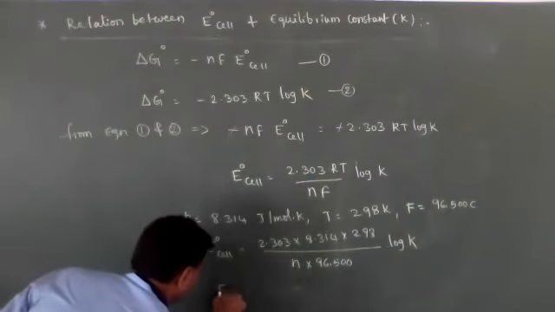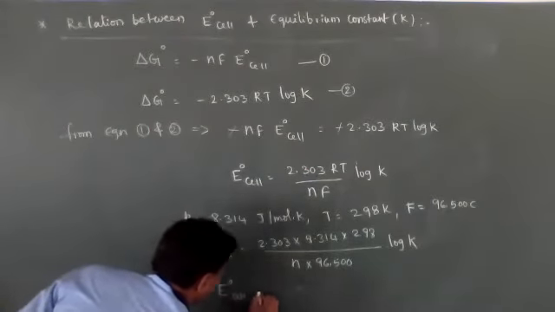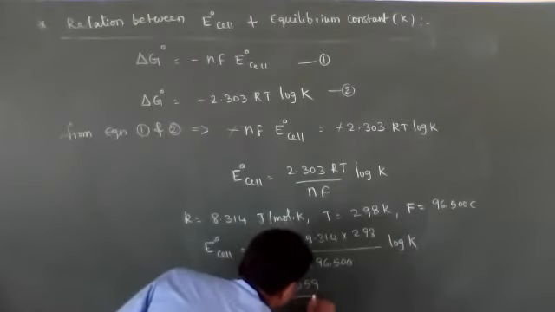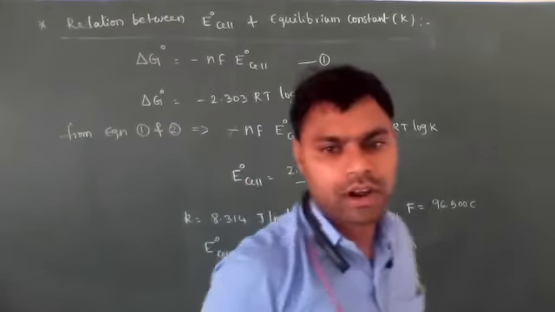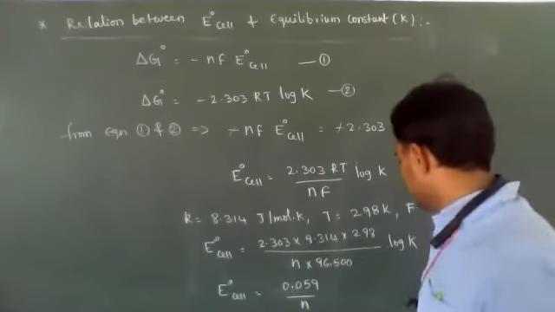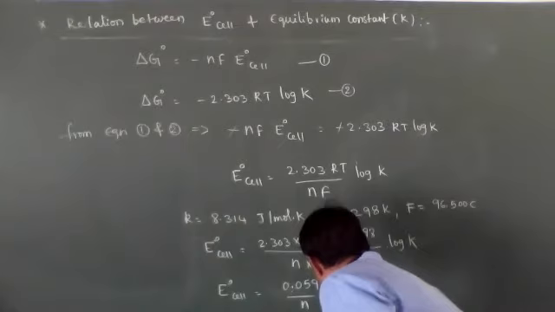So E cell is equal to 0.059 by n, where n is the number of electrons involved in the cell reaction, into log K.